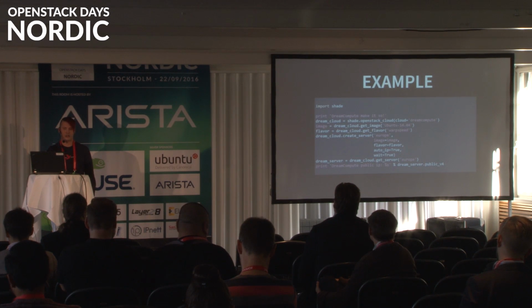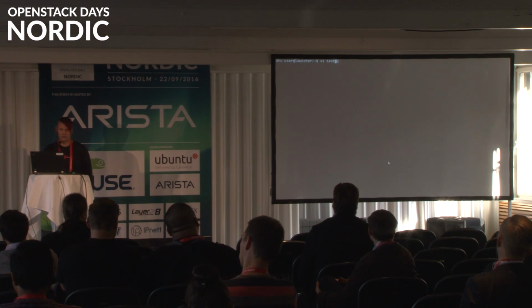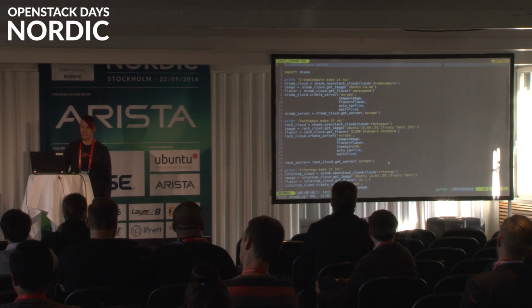So auto IP will always get me a public IP to my VM. And then I can specify to wait, so it's synchronous, and then I can get the server, and then I can list out the public IP. So we will do a demo of doing that.